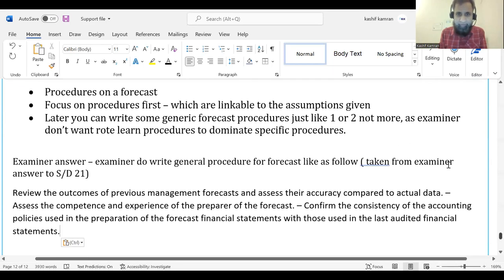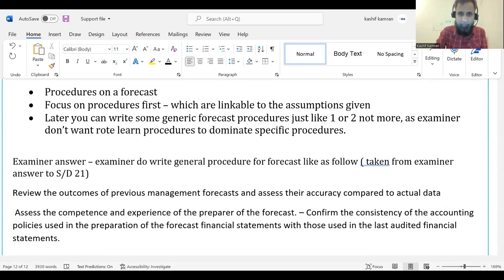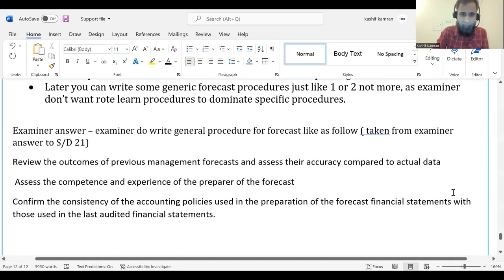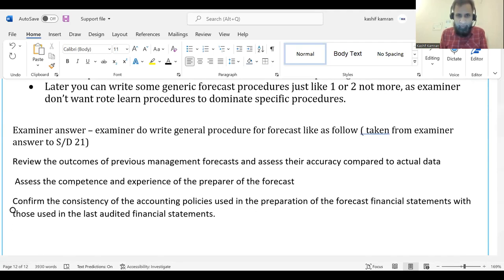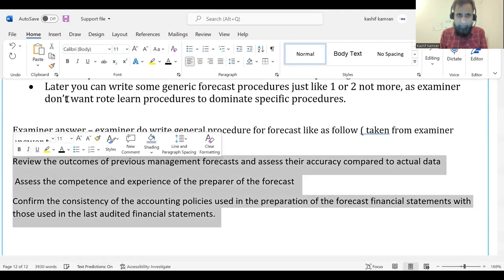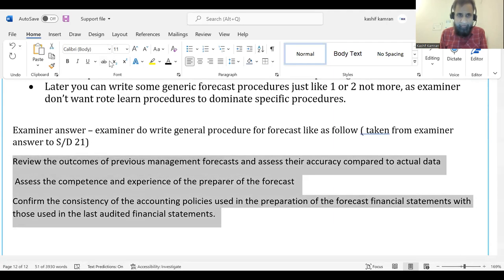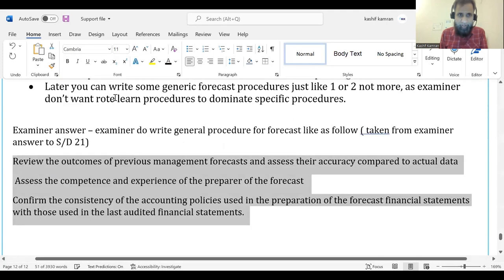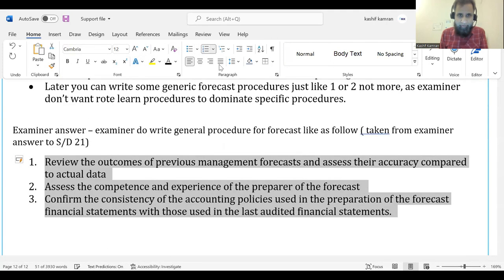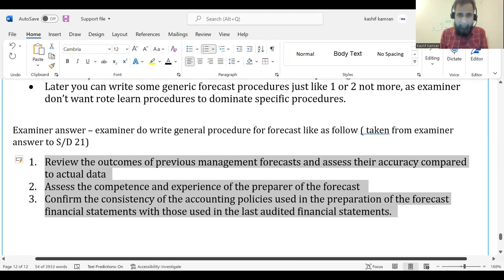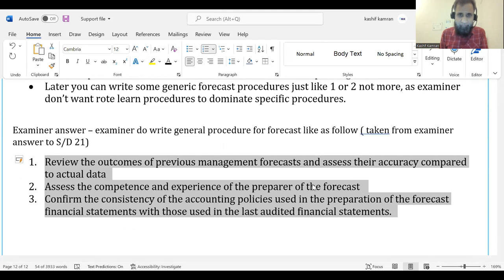Control V. See this, the first procedure of the examiner, second procedure of the examiner, third procedure of the examiner, and the fourth, 3 of them, right? Can you see them on the screen now? The 3, I've just taken from the examiner answer because I want to show you the criticism now. Can you all see that? 3 of them on screen, Word file. Okay, good.